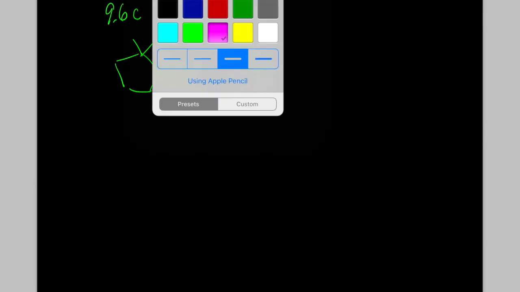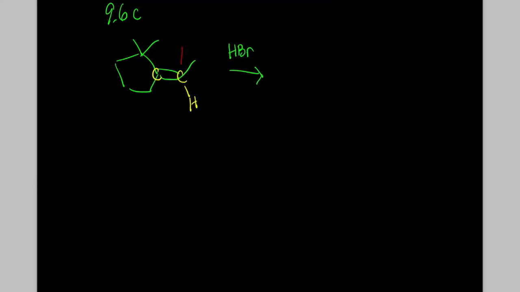The starting material is a cycloalkene. Okay. And we're adding HBr to this. Okay. So again, step 1, draw your carbons. Step 2, draw any missing hydrogens. Step 3, identify the rich get richer.